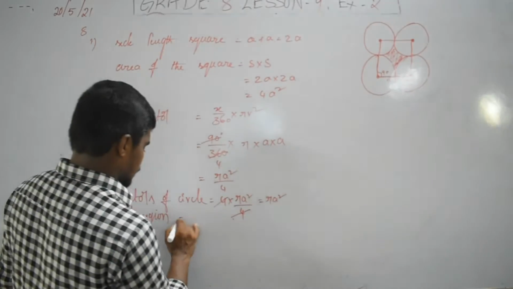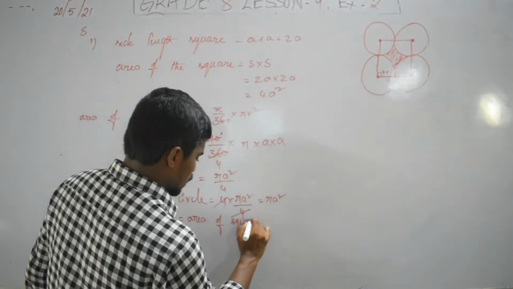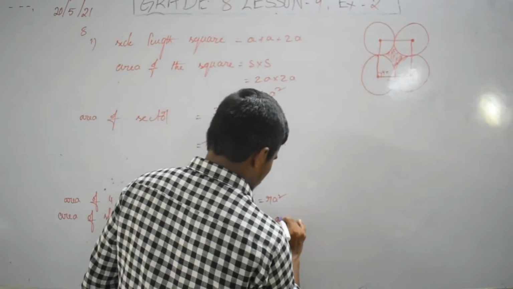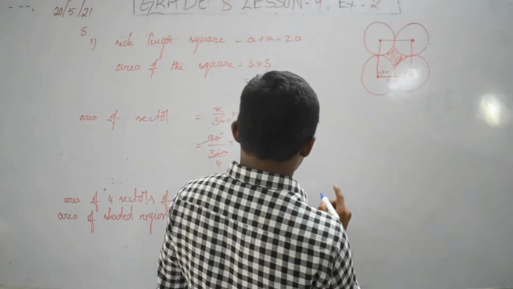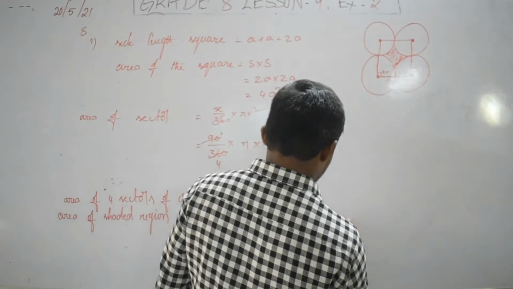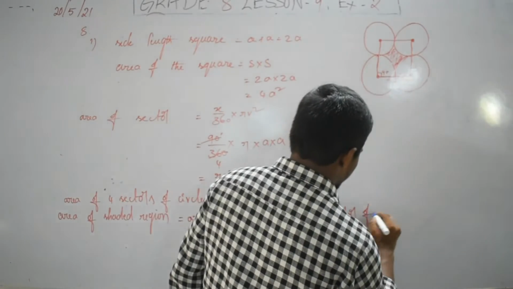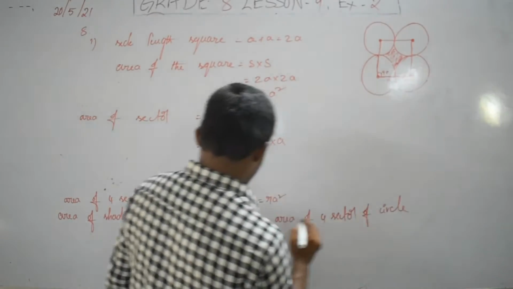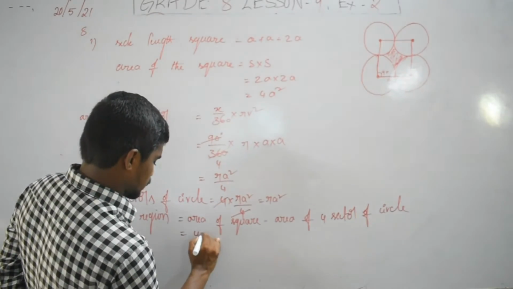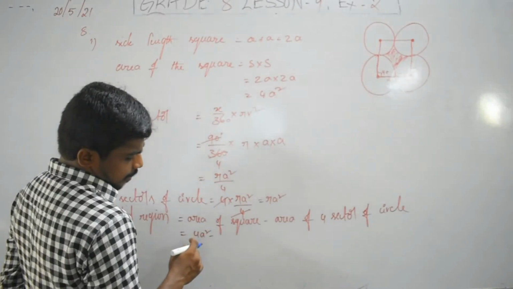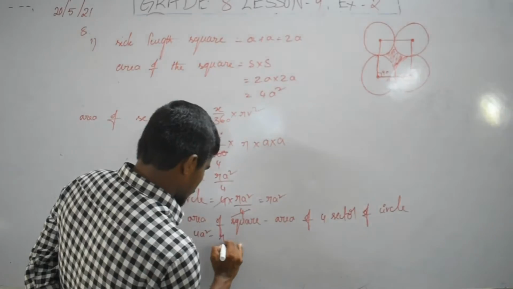Now the area of the shaded region is the area of the square minus the area of 4 sectors of the circle. The area of the square is 4a square, minus the area of the 4 sectors, pi a square.